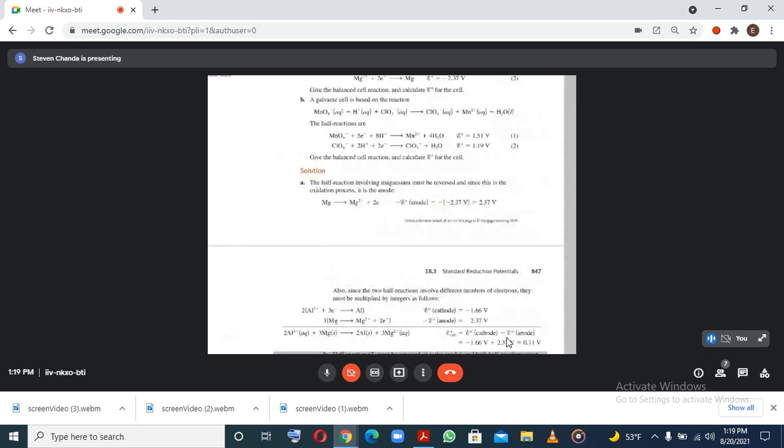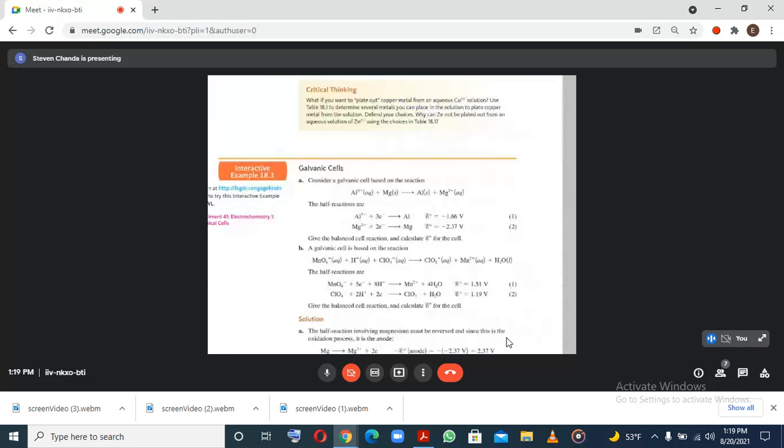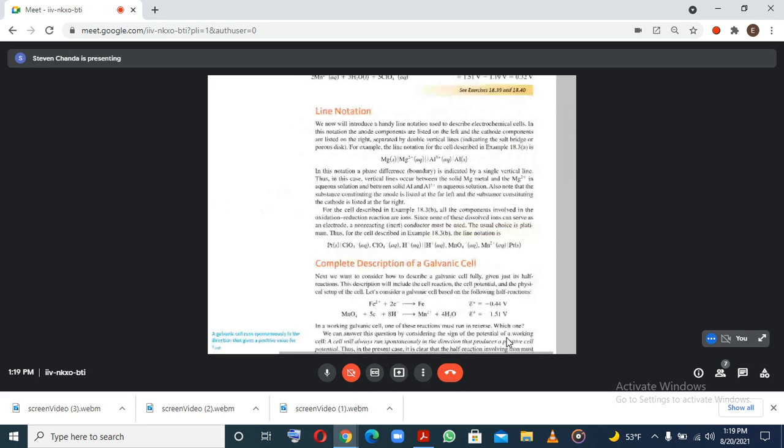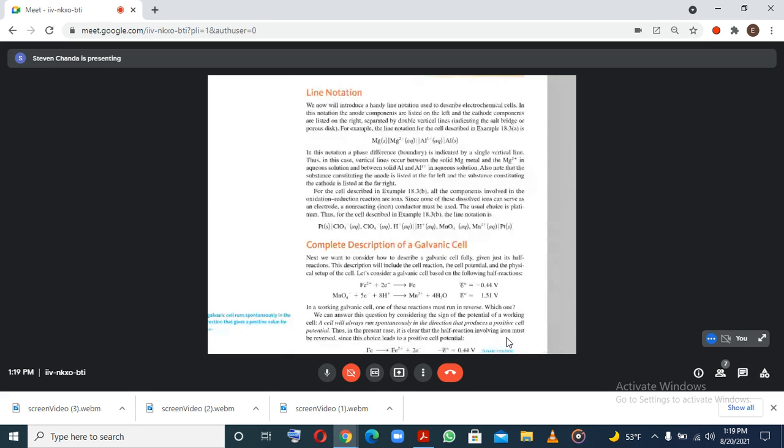Example 18.3a is the question that we have been doing, right? So we see that we can write the line notation in this format.